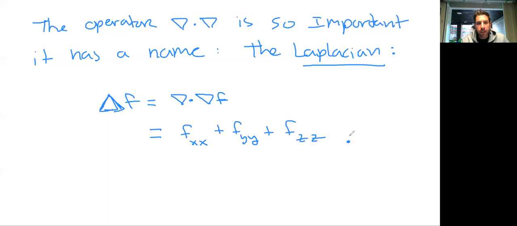So we use this triangle to represent that this is the Laplacian.